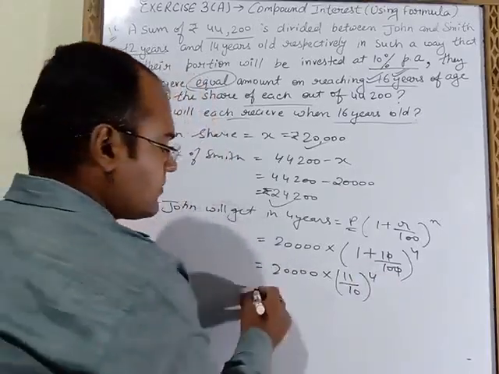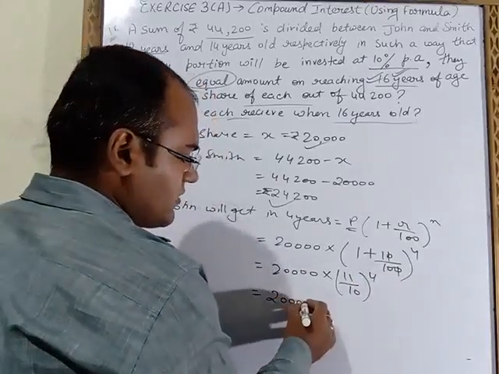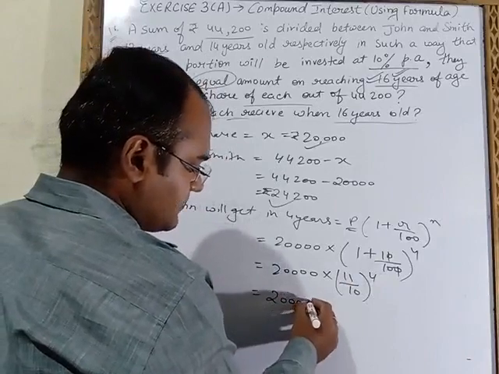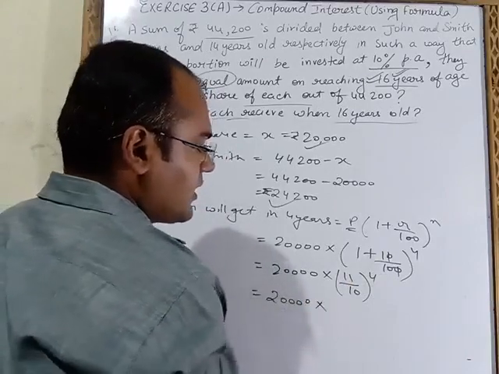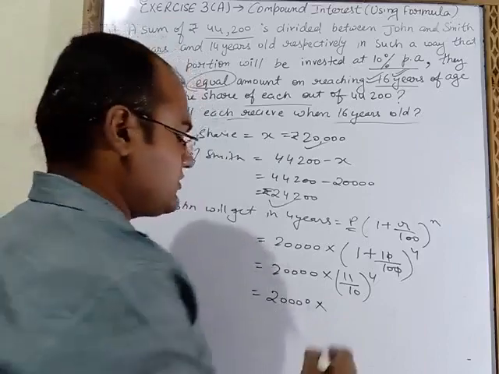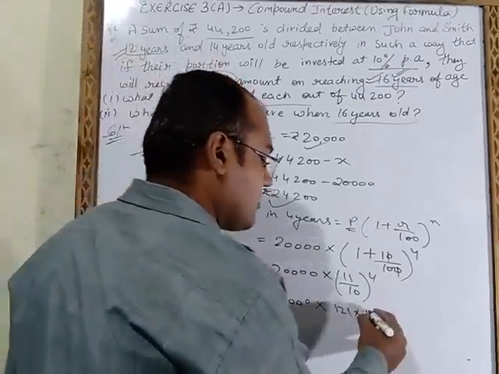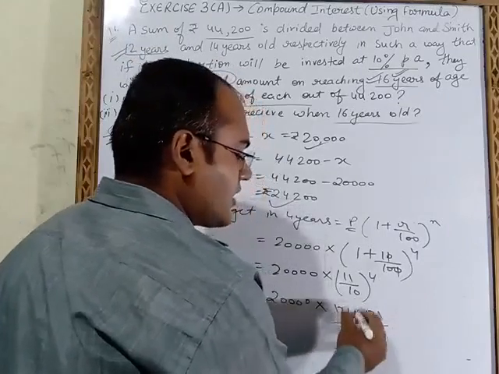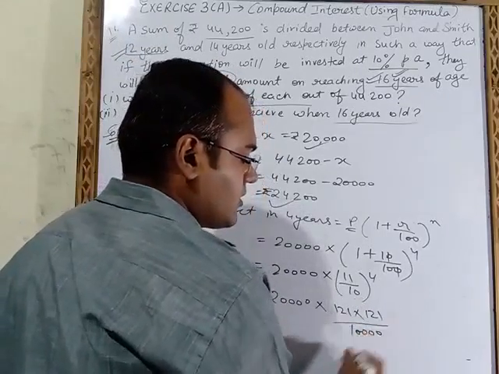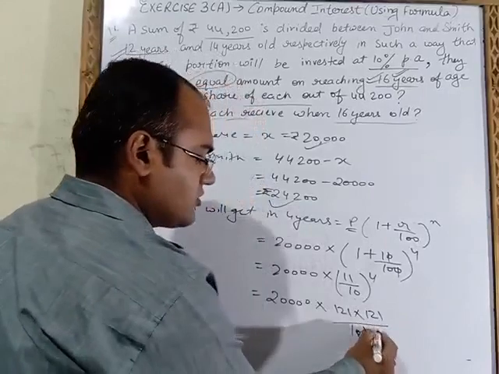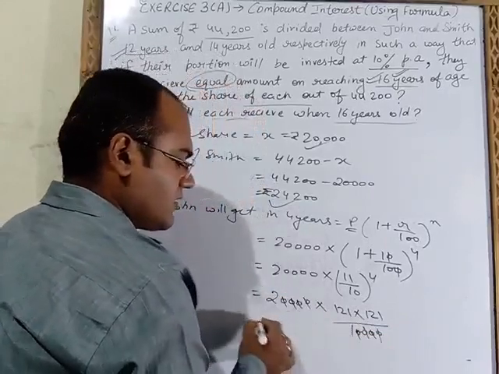Now what do you have to do? 20,000 will be as it is. 11 power 4. 11 into 11 is 121. 2 more 11 are remaining. 11 into 11, that will also be 121. Upon 10 power 4 will be 10,000. These 4 0 will get cancelled.